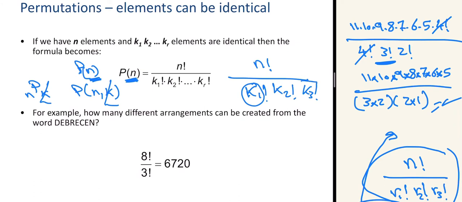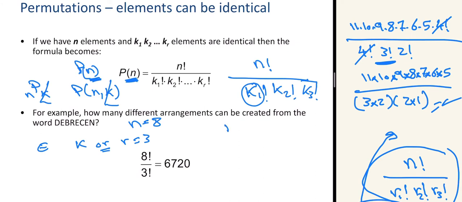So for example, the example that I've given about the University of Debrecen. In Debrecen there is no repetition except for the letter E. You have E repeated 3 times, so K or R equals 3. N equals 1, 2, 3, 4, 5, 6, 7, 8, so 8.